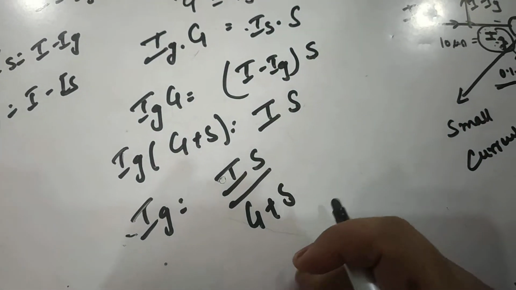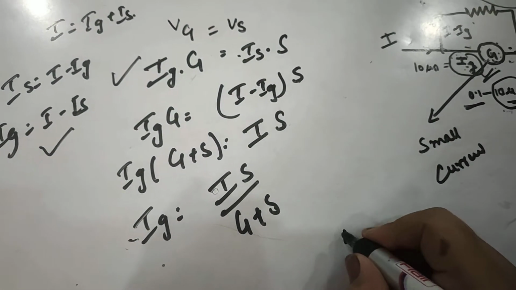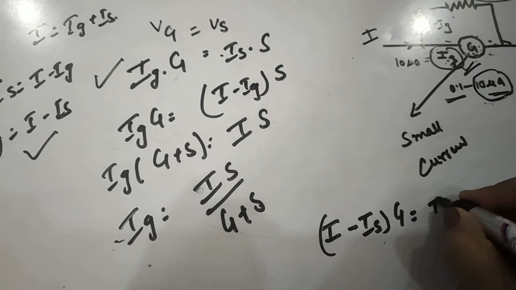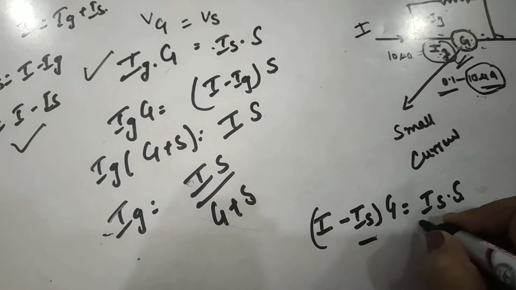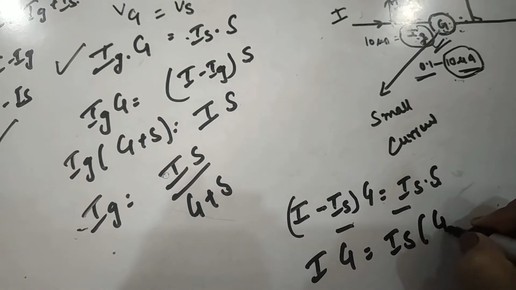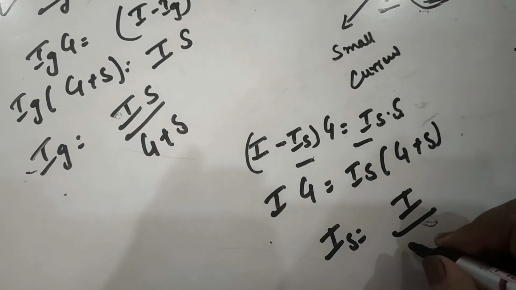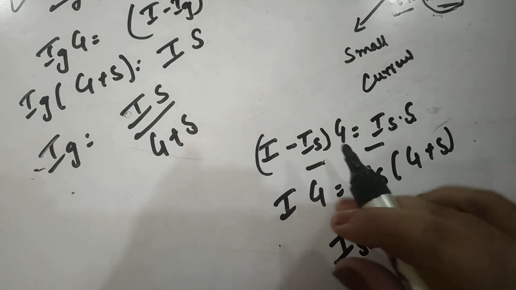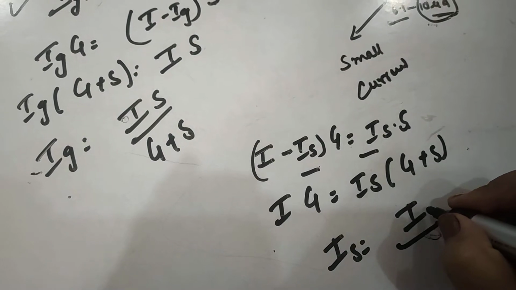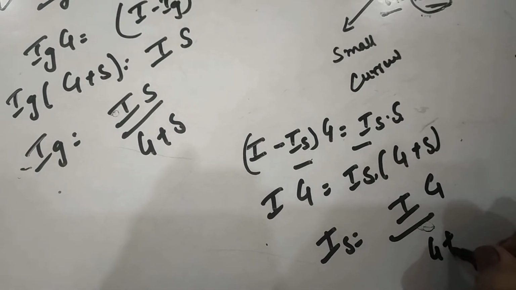Similarly, if we put in this equation the value of Ig from there, Ig could be written as (I minus Is) into G is equal to Is into S. Taking Is to that side, I G is equal to Is (G plus S), or Is is equal to I G upon (G plus S).